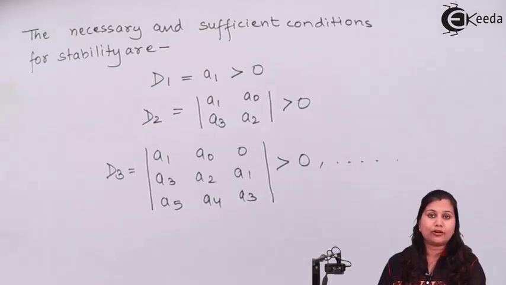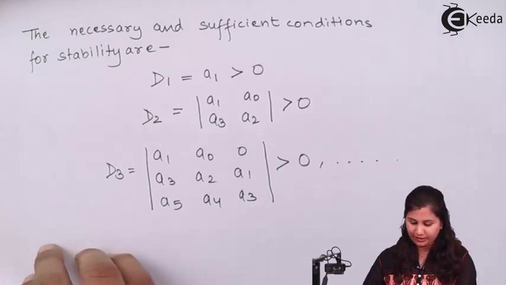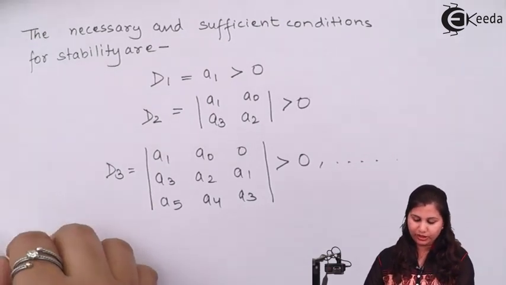So the scientist Routh made some modifications in this criteria, and he proposed his own criteria for determining the stability, and that is known as the Routh stability criteria. So let's study about the Routh stability criteria.